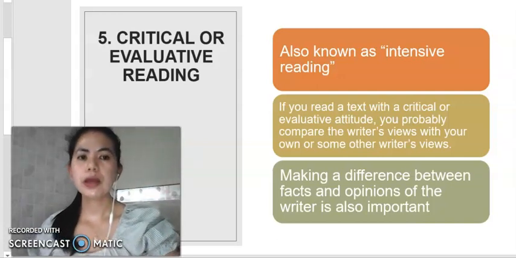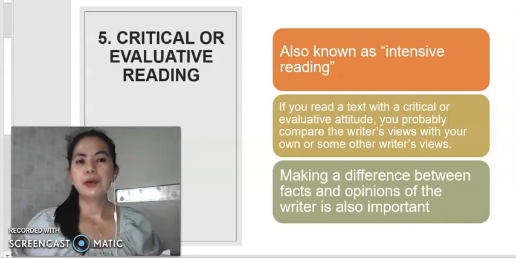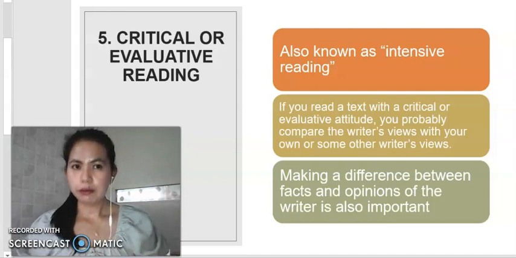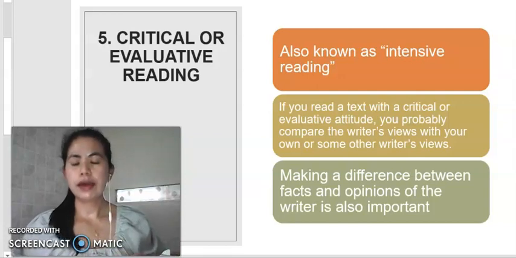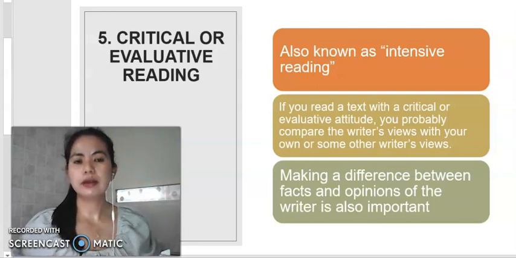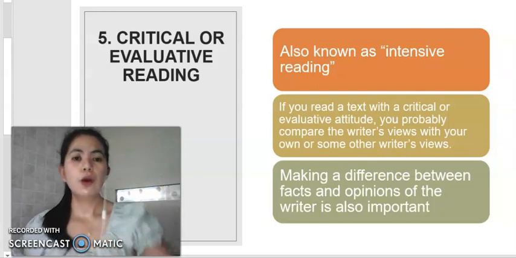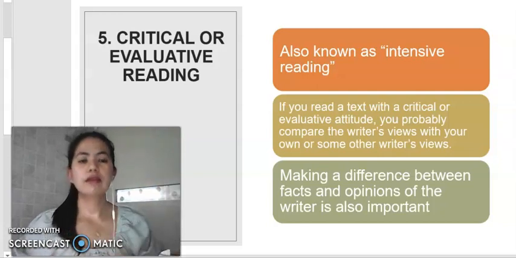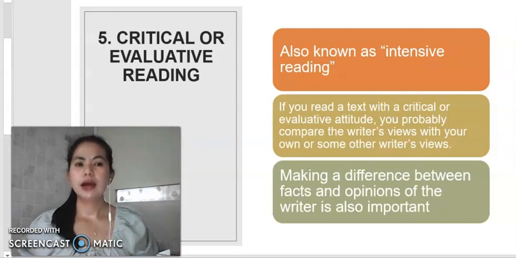So you're going to compare the writer's views to others and find the difference between facts and opinions of a writer. That is why it is also known as intensive reading. For example, again, you're going to read a thesis or an exam.